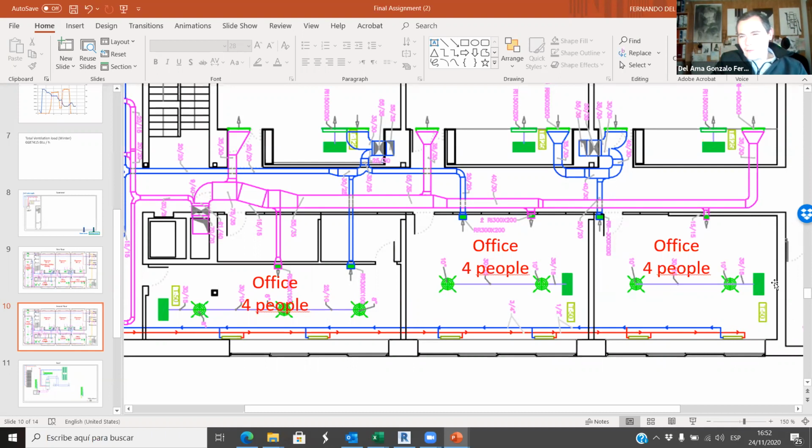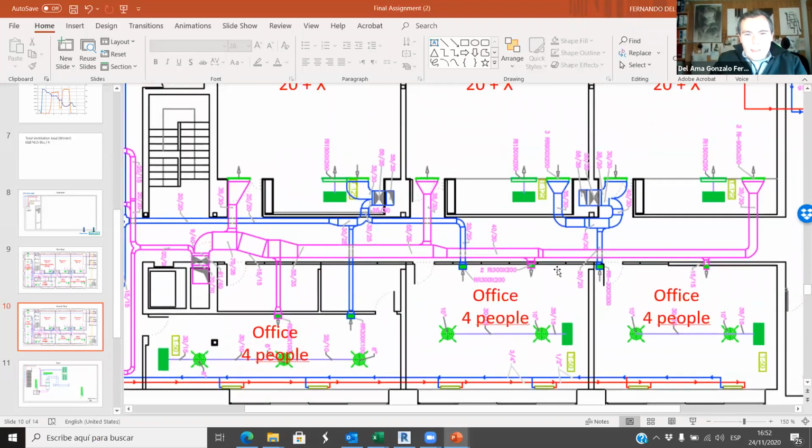So the air velocity, if we place this system on this wall, then we have to increase the velocity because we have to reach every single corner. And this is not comfort. So that's why it's even better if we have an element here, and then we have a duct, and then we have two diffusers. So we distribute the air better with two diffusers than if we had only one.